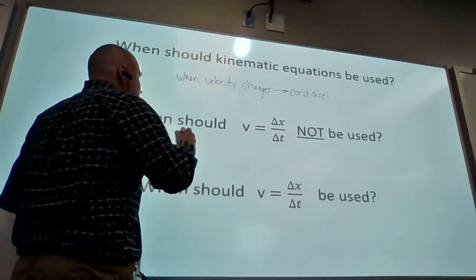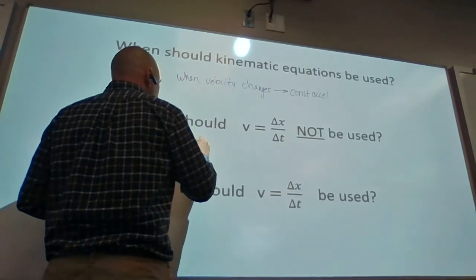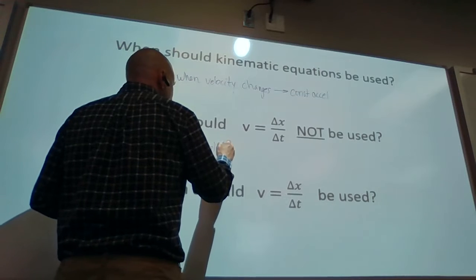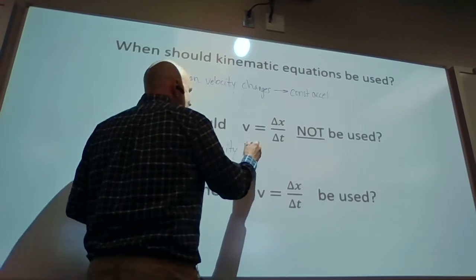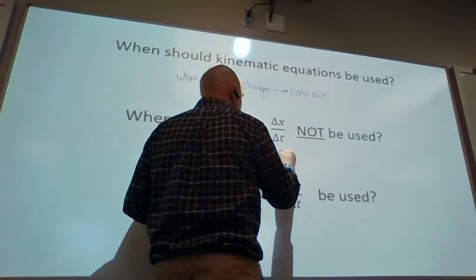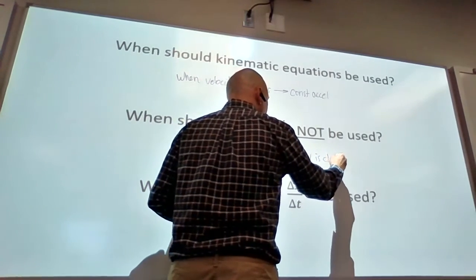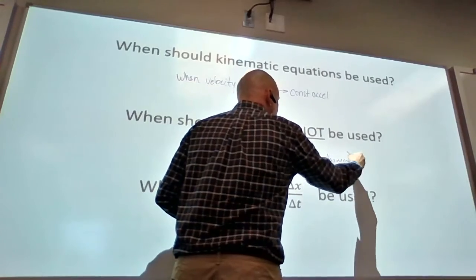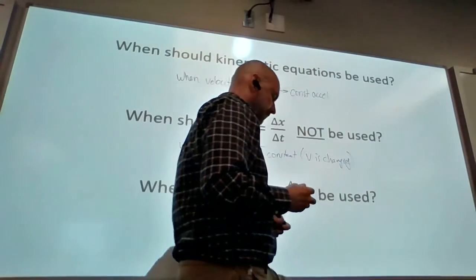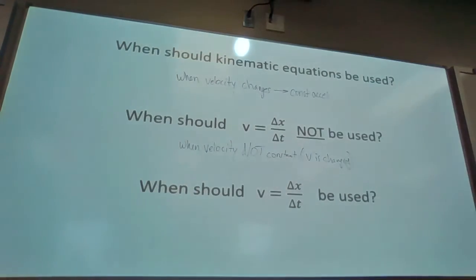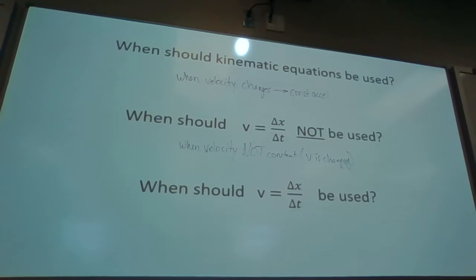Good. When velocity is not constant. So when velocity is changing, don't use that equation. That'll give you your average, but it's not going to give you your actual or instantaneous velocity, how fast you're going at a moment in time.